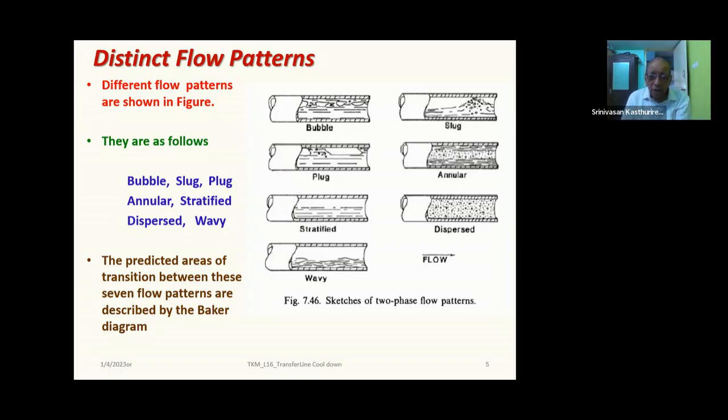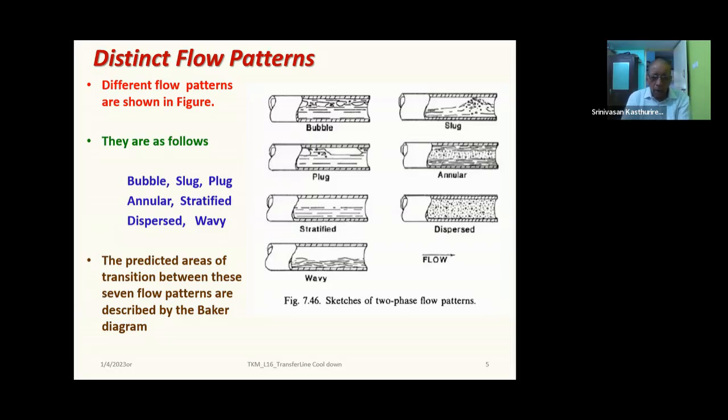There is also another type of flow which is normally seen, called the wavy flow, in which the liquid flowing at the bottom side of the tube is in the form of a wavy flow pattern. It is almost like waves moving along the liquid. So these are the distinct flow patterns normally observed in horizontal fluid flow in a pipe.